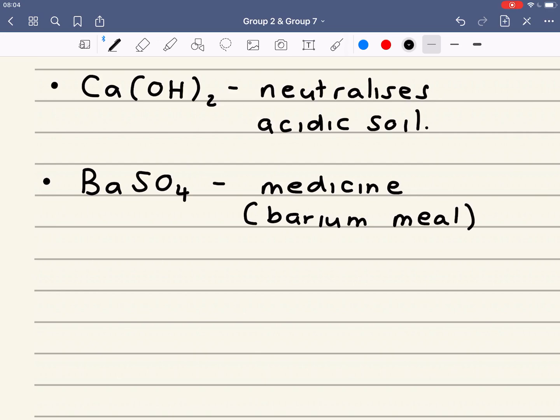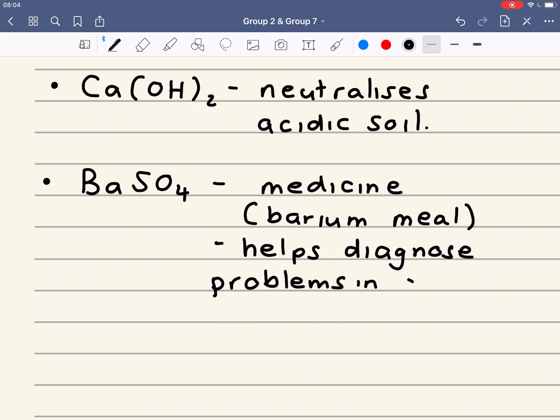It helps diagnose problems in the digestive tract. And the use of barium sulfate relies on it being insoluble.